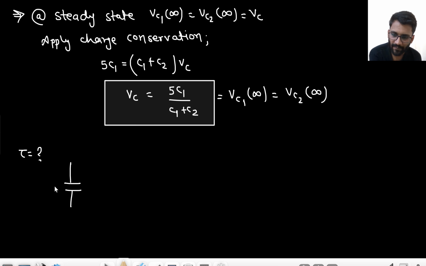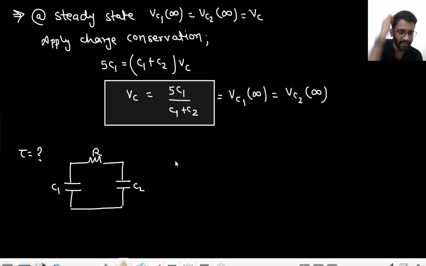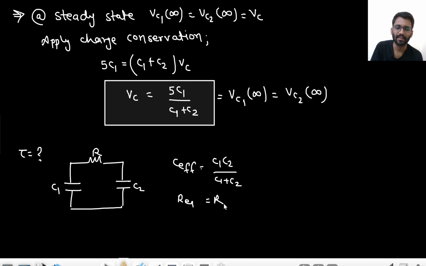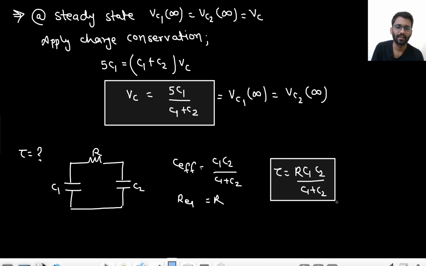This is C1, this is a resistance R, this is C2. C1 and C2 are in series, so C effective is C1 C2 upon C1 plus C2. R equivalent is R. So the time constant is R times C1 C2 upon C1 plus C2.